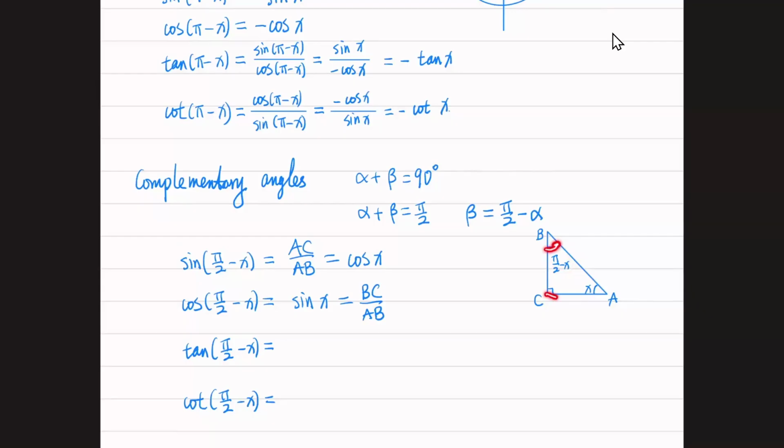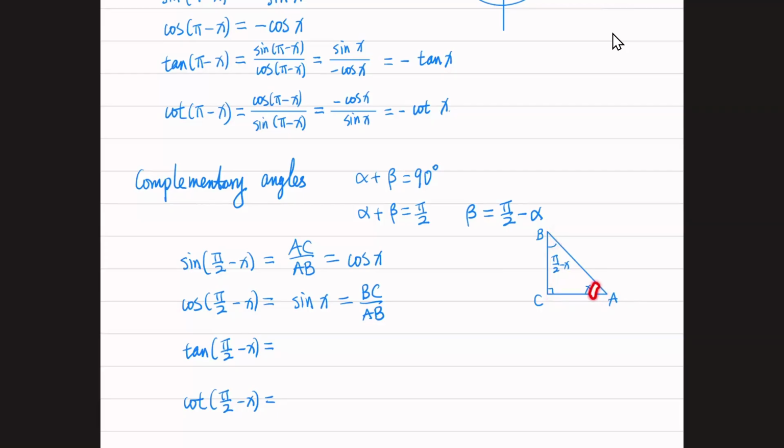AC divided by AB, that is going to get cosine x for the angle x in this triangle. That makes sense. So AC is the opposite side of this angle, but it's also the adjacent side of this angle. When the angle changes, the description also changes.